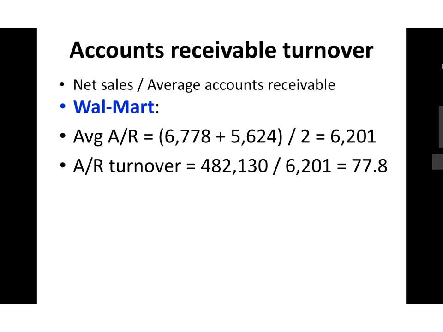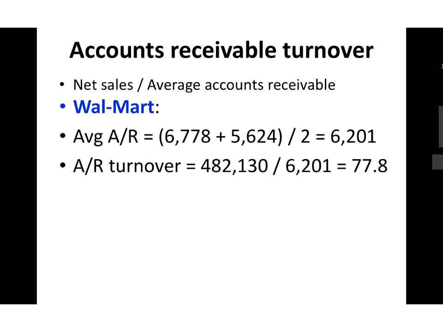Okay, accounts receivable turnover then is taking our net sales, dividing by the average accounts receivable. So we see 77.8. So Walmart turns over its accounts receivable 77 times a year.